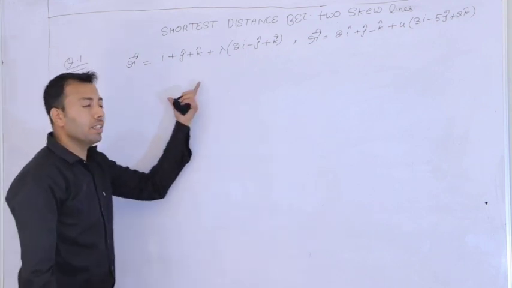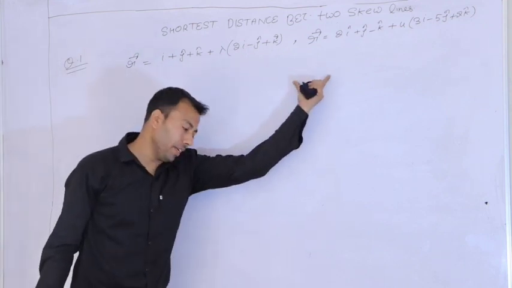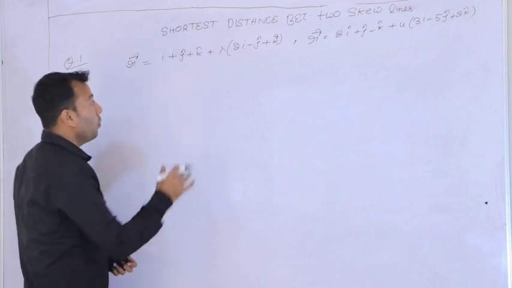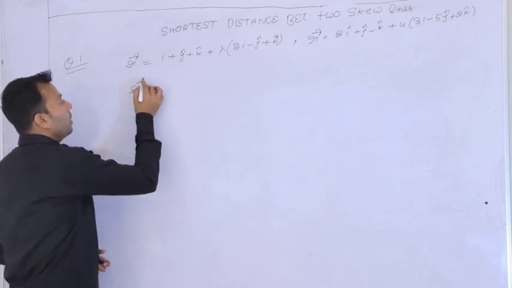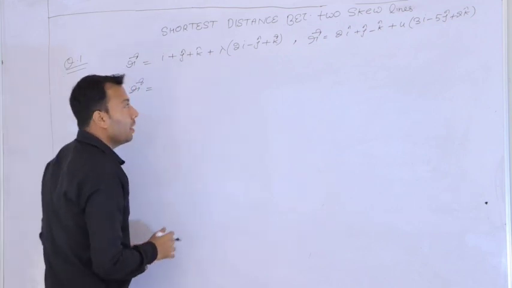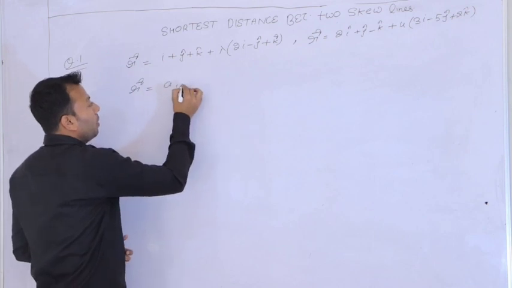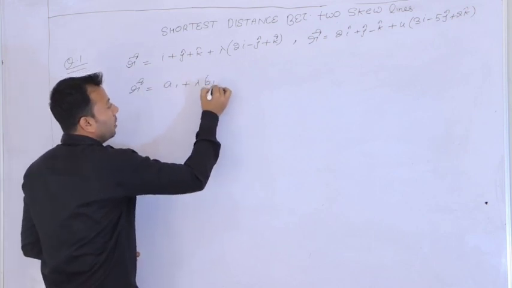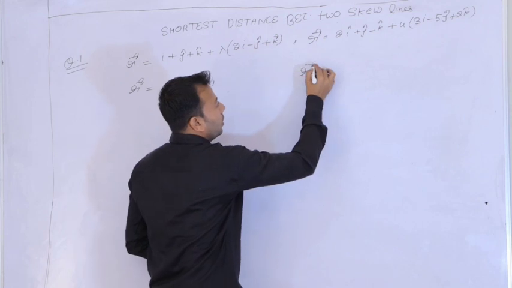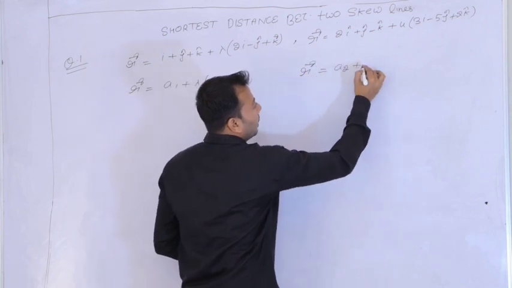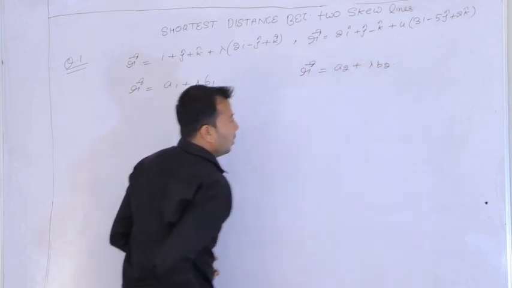So how to find the shortest distance between these two lines? Firstly, we have to compare with the vector equation of a line: r vector is equal to a1 plus lambda b1, and r vector is equal to a2 plus lambda b2.